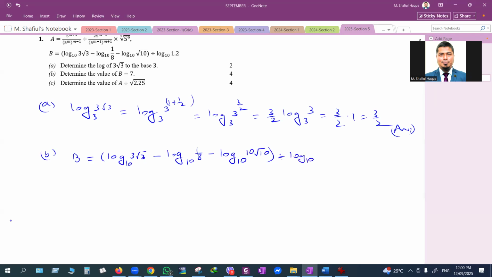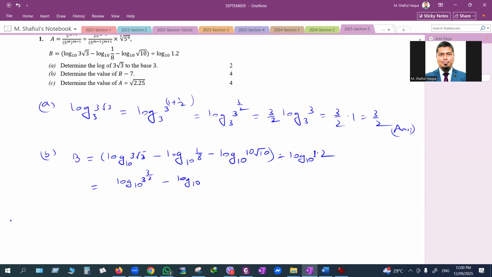It should be 10√10 and divided by log base 10 of 1 by 2. So now we can simplify it. So we can write log base 10 of 3 to the power 3 by 2 minus log 10.